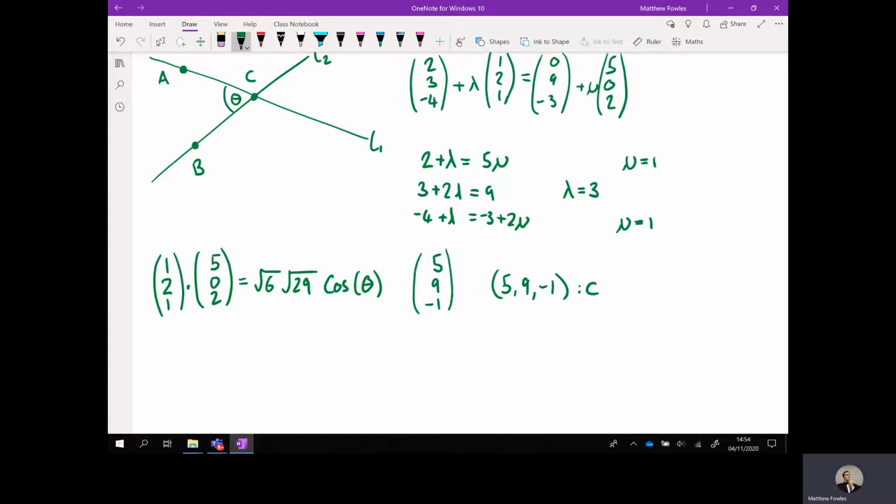In this case, the dot product has a value of 7: 5 plus 0 plus 2, 5 times 1, 0 times 2, and 1 times 2. And so we do 7 divided by our lengths of each of the direction vectors in order to calculate the value of cos theta, and therefore the value of theta itself.